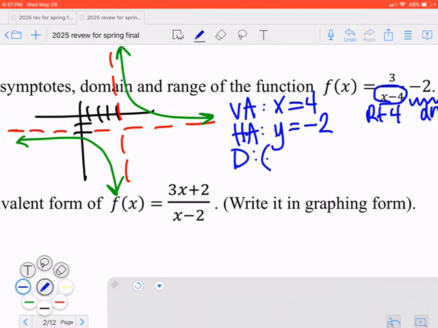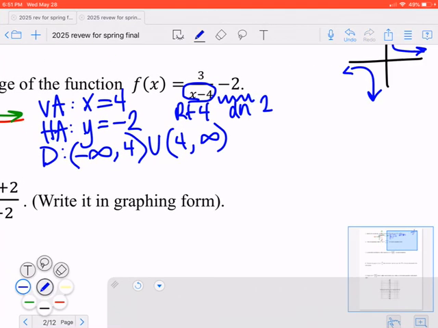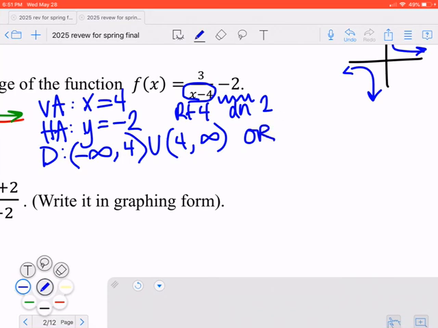So we're going from -infinity to 4, not including it, in union with 4 to +infinity. That's interval notation. You can also write it in set builder notation: x such that x is all real numbers except for 4, so x is not equal to 4.